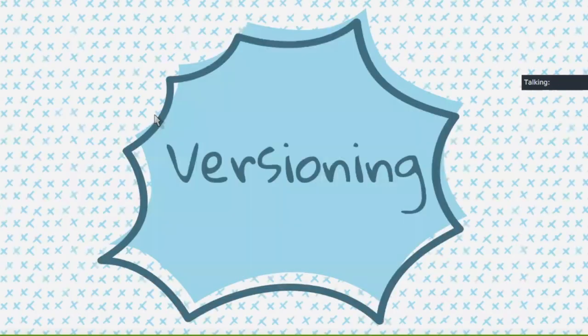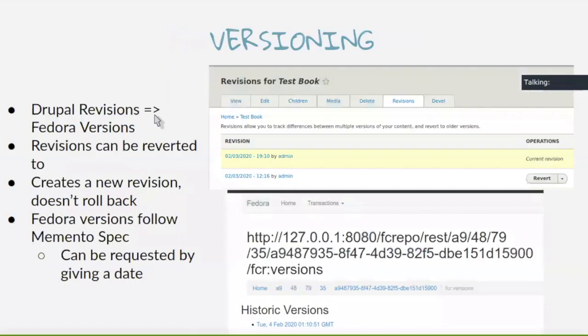We also have versioning, very important for a digital repository to be able to keep versions of things and be able to revert to versions. Before, with 1.0.0, we did have at least the Drupal notion of a version. In Drupal, that's called a revision, revisioning of content. That was always there, but it didn't flow through into the preservation layer.